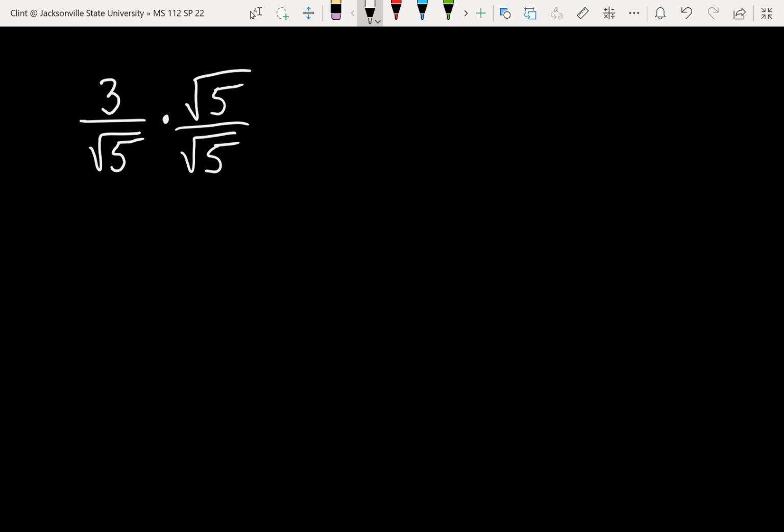I'm going to write this one down just a little bit different because it's one more way you can think about what happens on the bottom. On top, 3 times square root of 5 is easy because there's really nothing to do there. We just get 3 square root of 5.